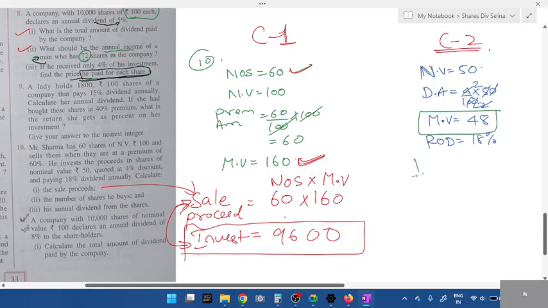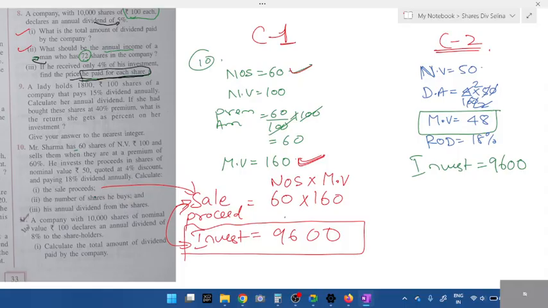I'll write it as investment. This investment is equal to 9,600. Read the question and complete it till here. Without that, you won't understand, right, Aarti?